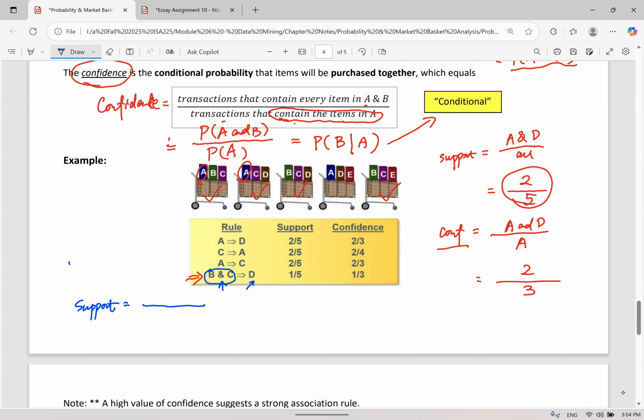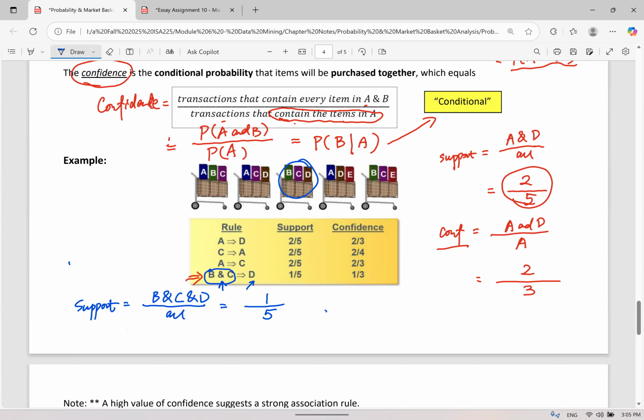So in the basket, it should include B and C and also D, by both of these 2 sets. So that means B and C and D out of all the transactions, right? How many transactions contain all of these 3? Just the 1, right? So that will be 1 out of 5.